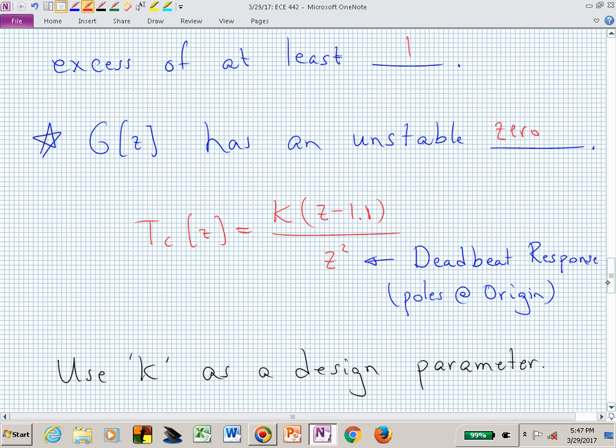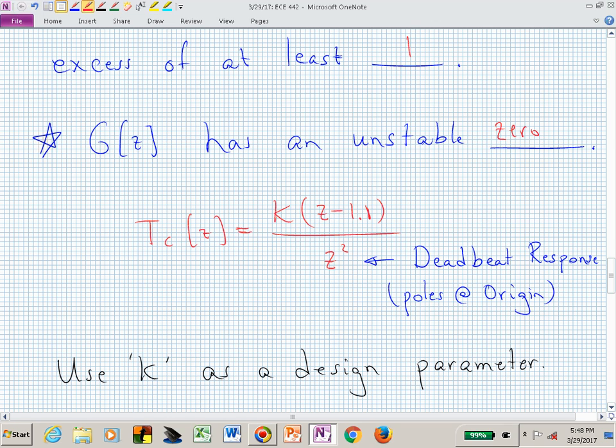And now we can use k as a design parameter. How might you select k? Now, if we have a DC gain, how do we use 1 in a DC gain? We can use it 2 different ways. We probably want our DC gain to equal 1, which means we want T sub c of z to equal 1 when z is equal to 1.